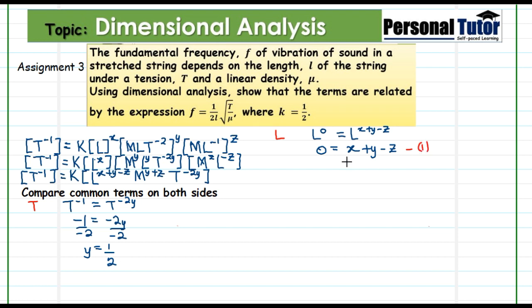Since the values of S and Z are not known, though we know that of the Y, we could go ahead and also compare the terms for M. On the left hand side, M has no exponent, or there isn't any M. And so that is also written as the power 0.